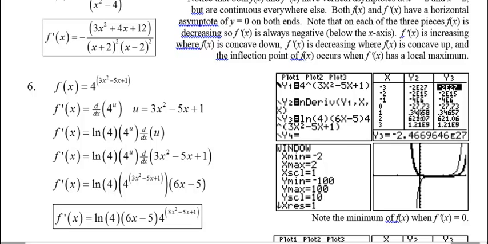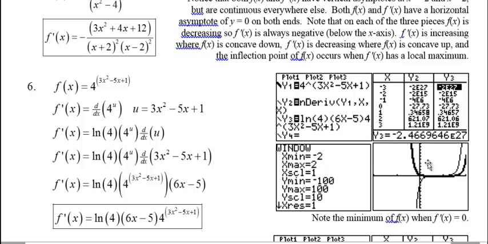A little experimentation on an appropriate window led me to the window -2 to 2 on x and -100 to 100 on y, and we see this. It looks like the original function is decreasing and then increasing. Somewhere in here it has a minimum, and that same place is where the derivative has a 0, crossing the x-axis.